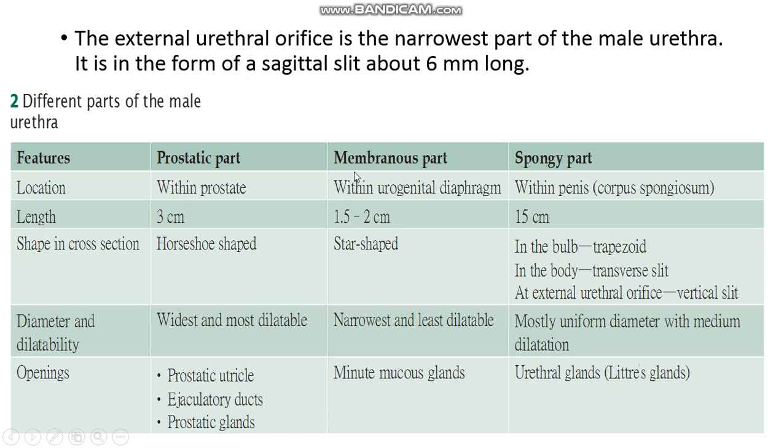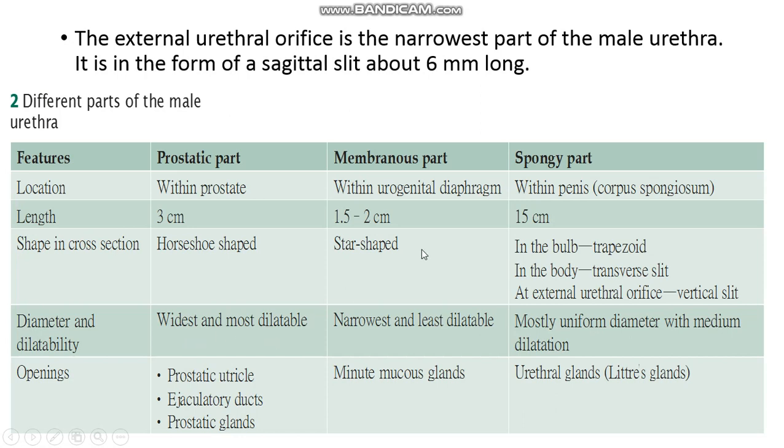Then length for prostatic part 3 cm, for membranous part 1.5 to 2 cm, and for spongy part it is 15 cm. Then shape in cross section, for prostatic part horseshoe shape, then for membranous part star shape, then for spongy part it is the bulb, in the bulb it is trapezoid, then in the body as a transverse slit, then at the external urethral orifice it is a vertical slit.